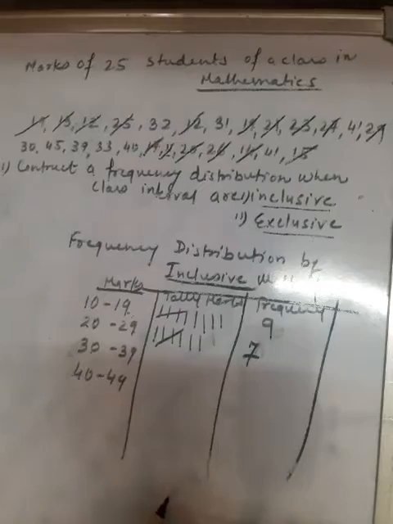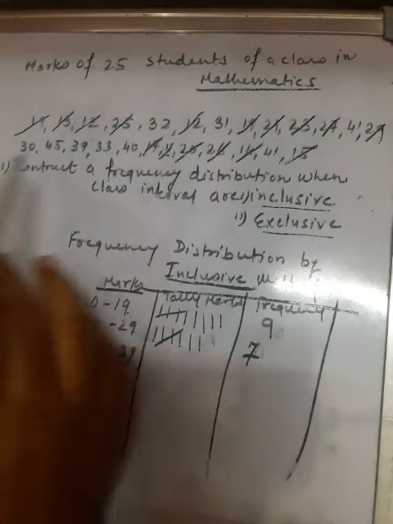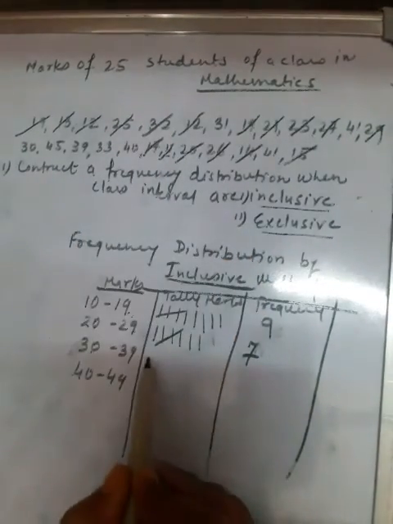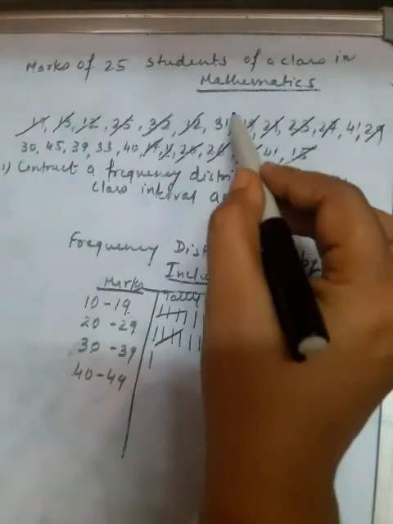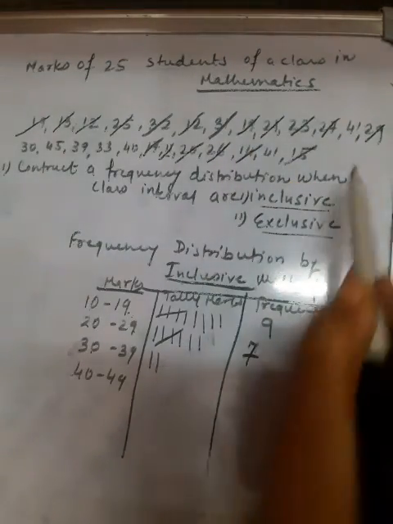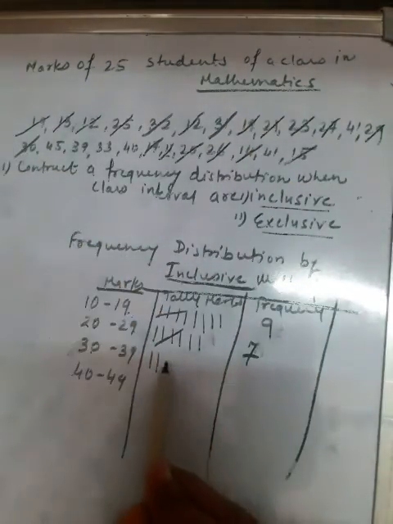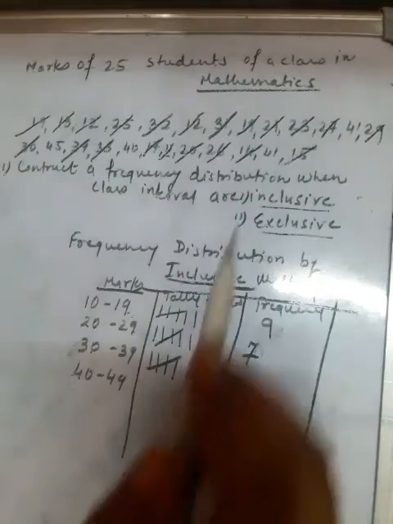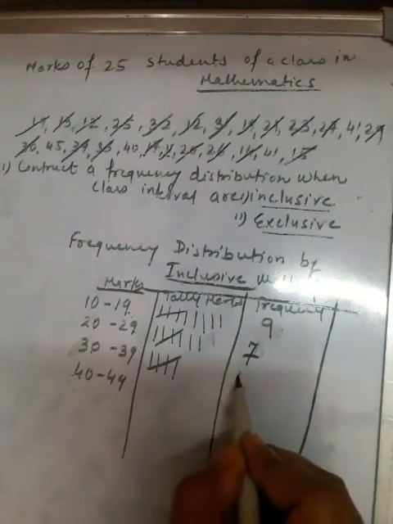Now next is 30 to 39. Next 31, then 2, 3, 4, then 5, that will be 5.